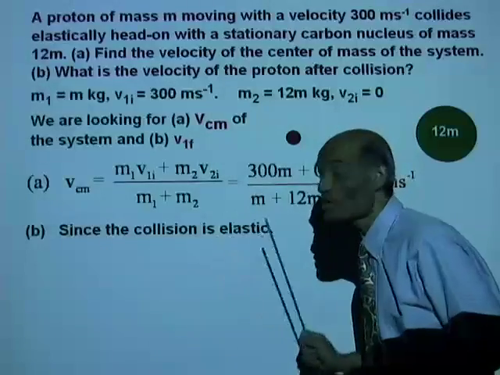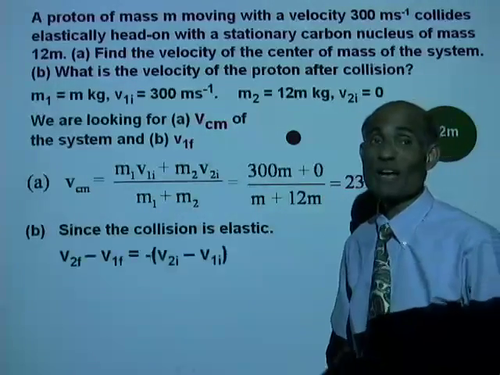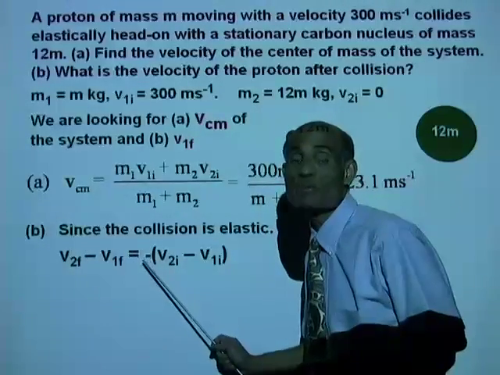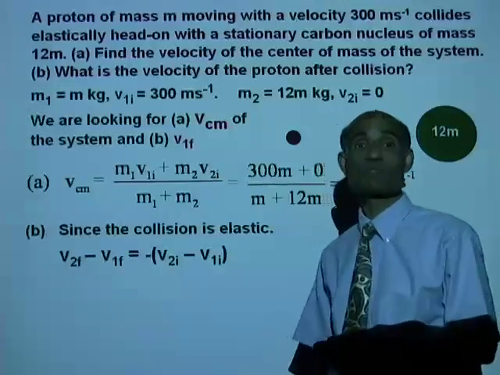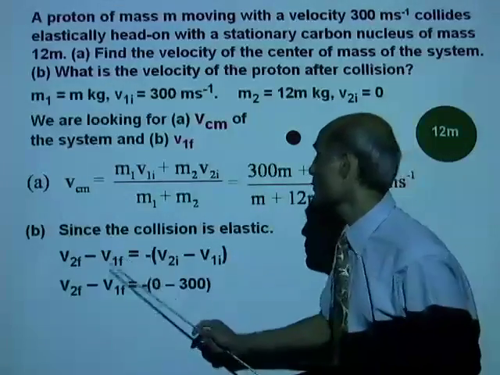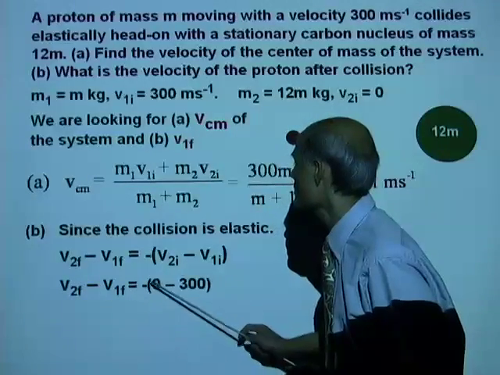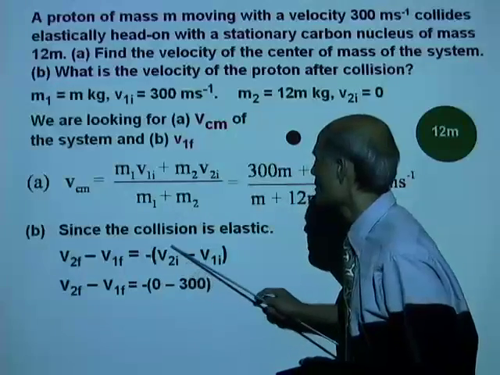Since the collision is elastic, well, what is the equation for an elastic collision? The velocity of recession equal to negative of the velocity of approach. Alright, so we have V2F minus V1F equal to negative of 0 minus 300.